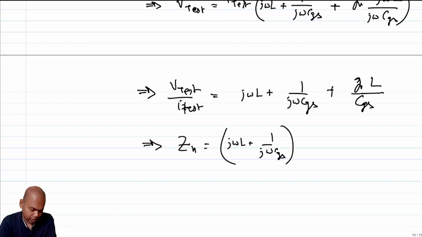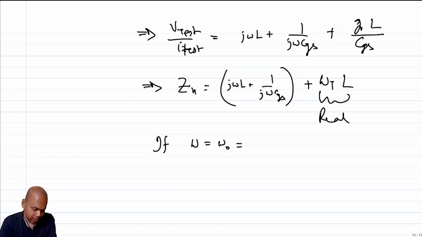This will give you the imaginary part, and you get a real part, which is L times omega t, where Gm by Cgs is omega t, right? So I will call this omega t times L. So this is the real part, right? So if we choose omega equal to some omega naught, at omega naught, I have 1 over root of L Cgs.